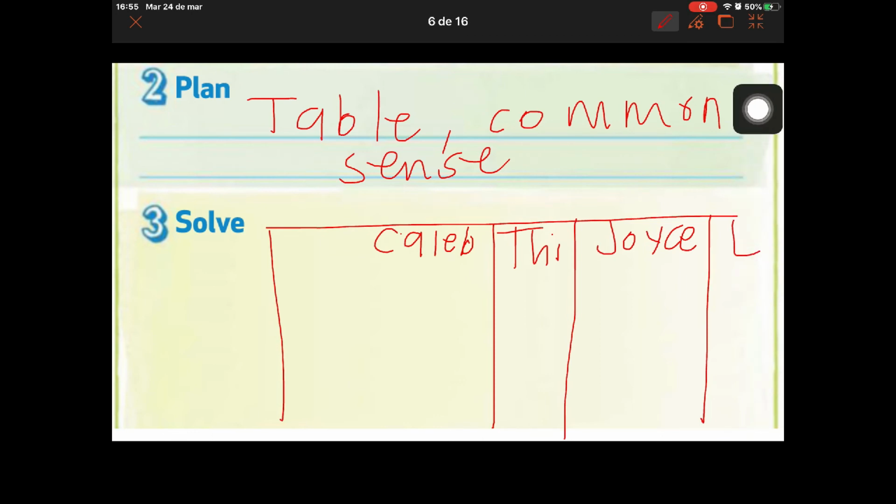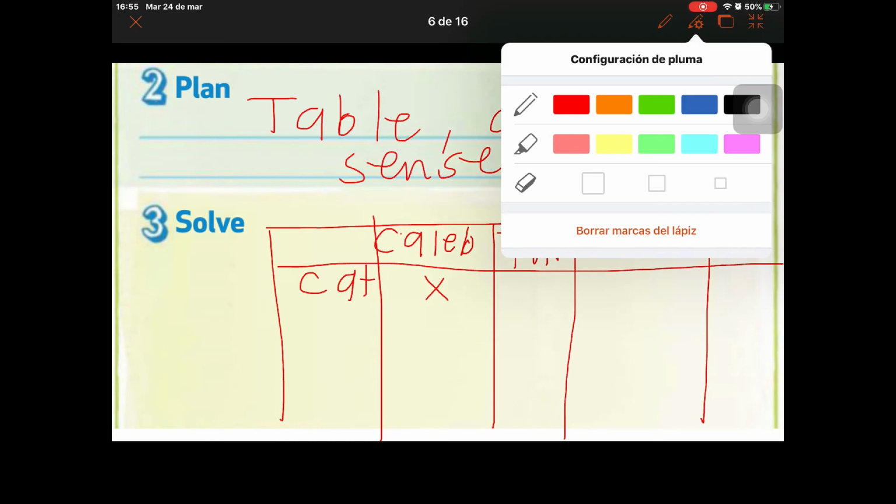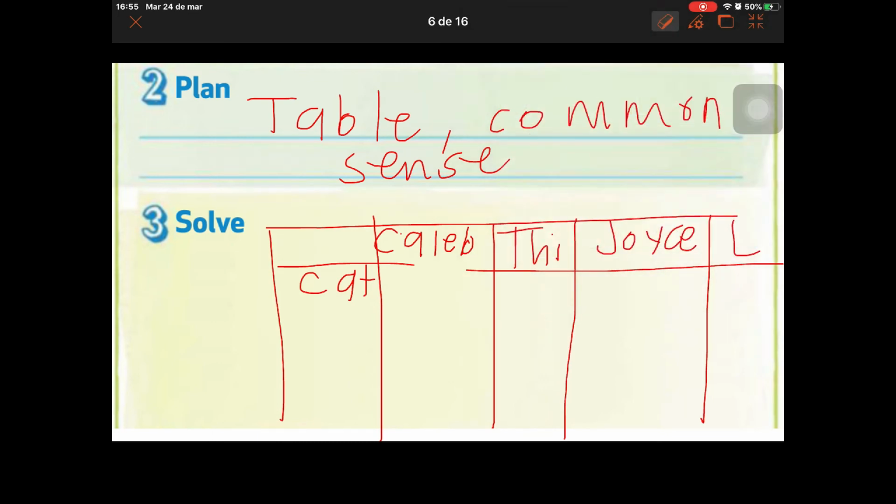So Caleb has a cat, right? Ty doesn't have a cat. Oh, sorry, let me erase this over here. Okay, so Caleb has a cat, Ty doesn't, Joyce doesn't, and Lavanda doesn't.